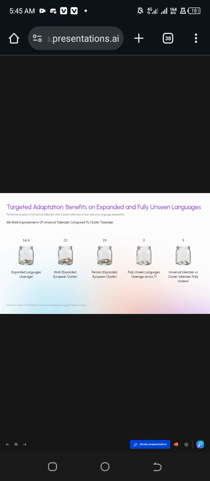So even for target adaptation benefits, even for fully unseen languages, it outperforms the others.